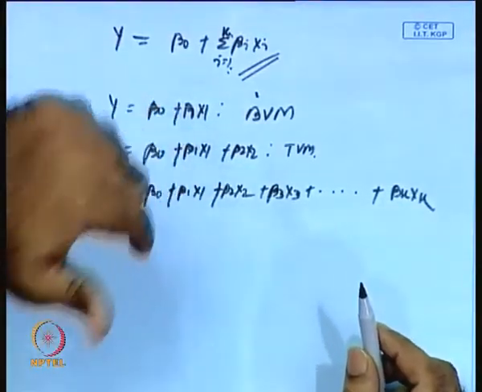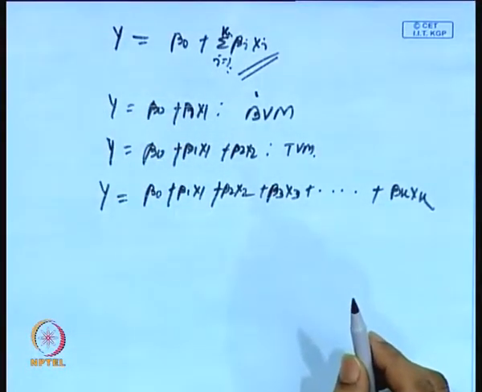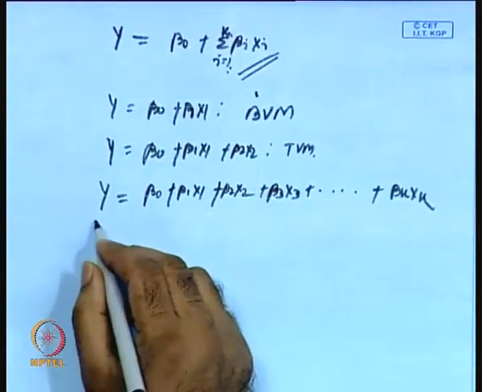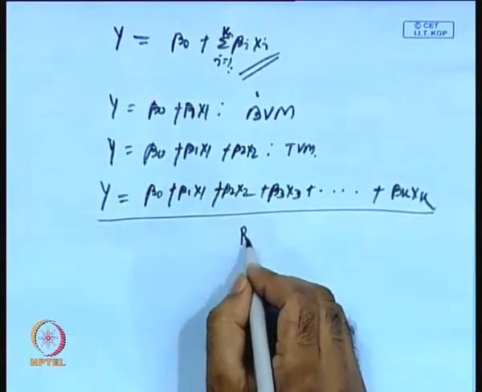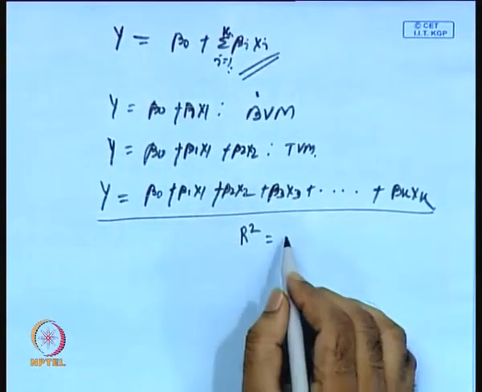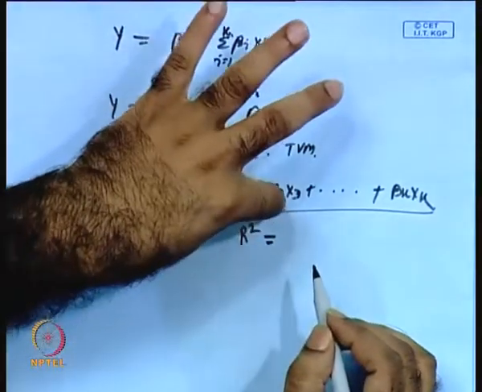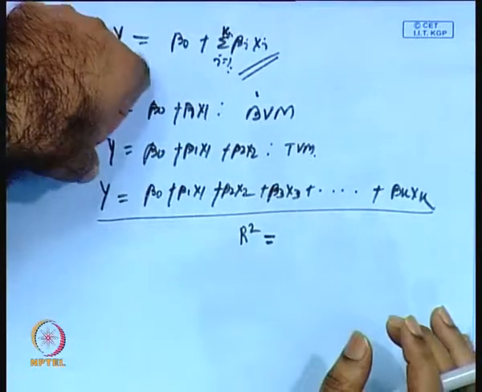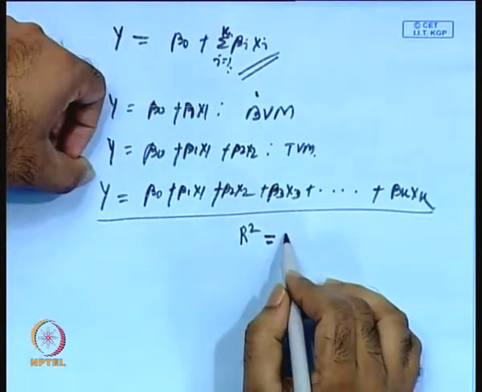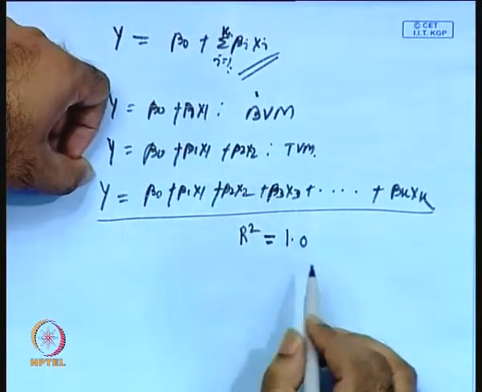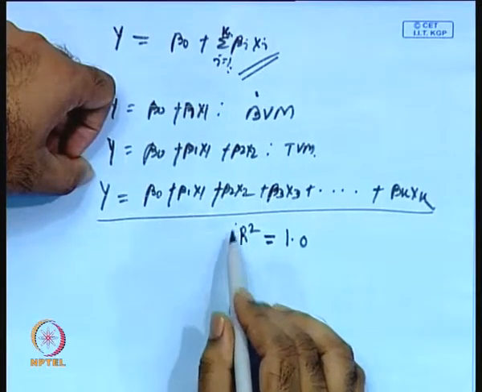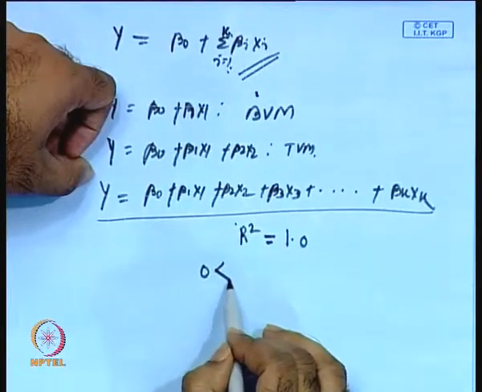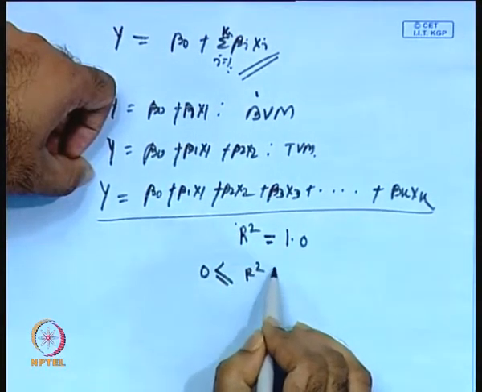If these are the only variables influencing y, the overall fitness depends upon R square. When all these variables have 100% influence on y, R square should be exactly equal to 1.0, because R square is the coefficient of determination, whose range is always between 0 and 1.